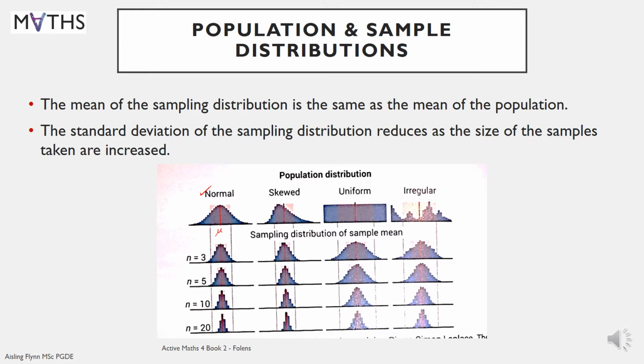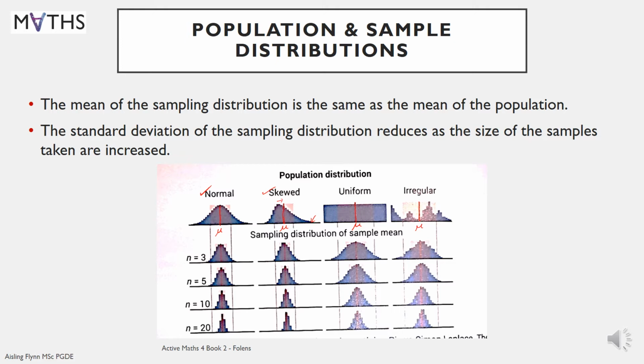We've seen skewed distributions where the mean might be, in this case, to the right of the peak, and that's due to these large outliers or this tail on the right hand side. Uniform means it's the same the whole way across, and our mean is here in the center, and here at the end is a completely irregular distribution with a mean there.